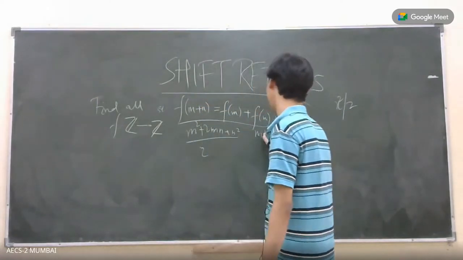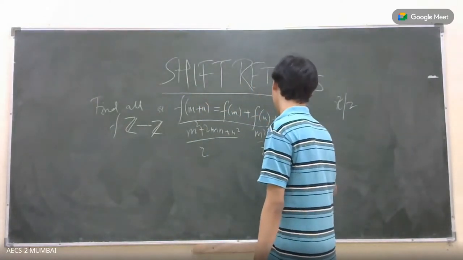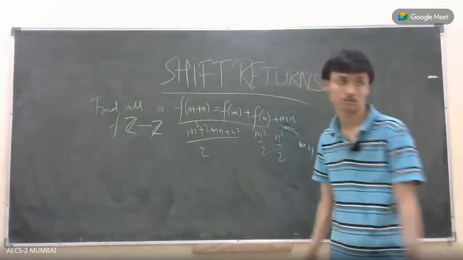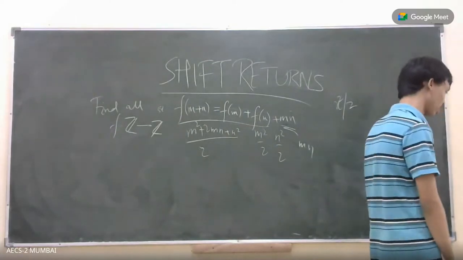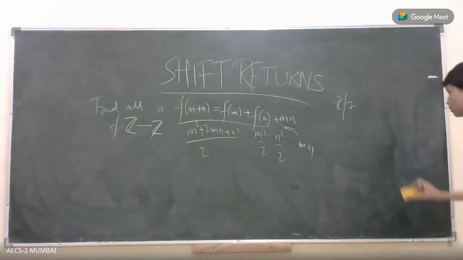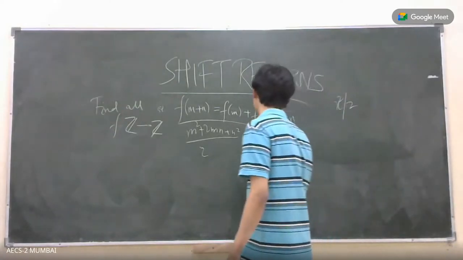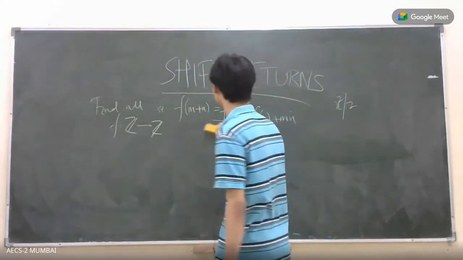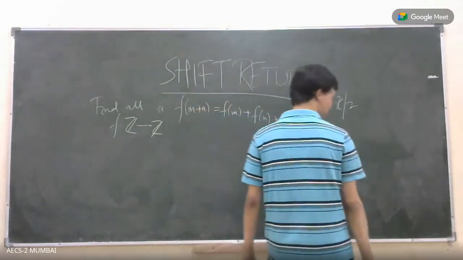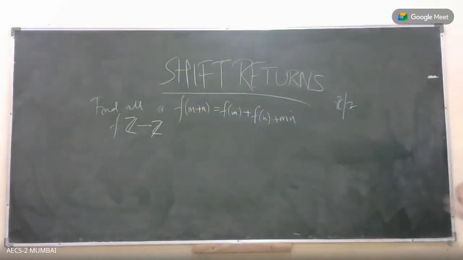This becomes m square by 2. This becomes n square by 2. This becomes mn. Okay, so we found the solution.